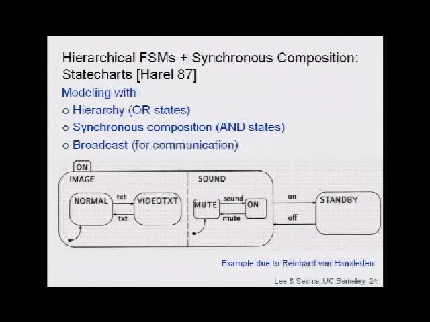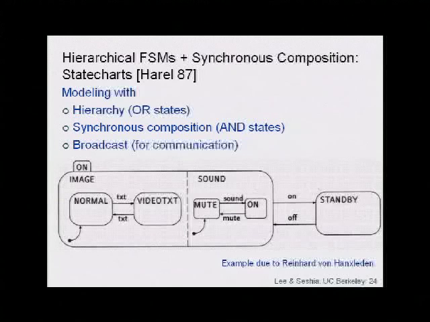These two modes might share some variables, but the communication between these two modes in the state machine is to do broadcast. Let's say these are all implemented as digital circuits, for instance. You could have two chips, one of which is dealing with the image and the other is dealing with sound, and they're both on a bus, right?